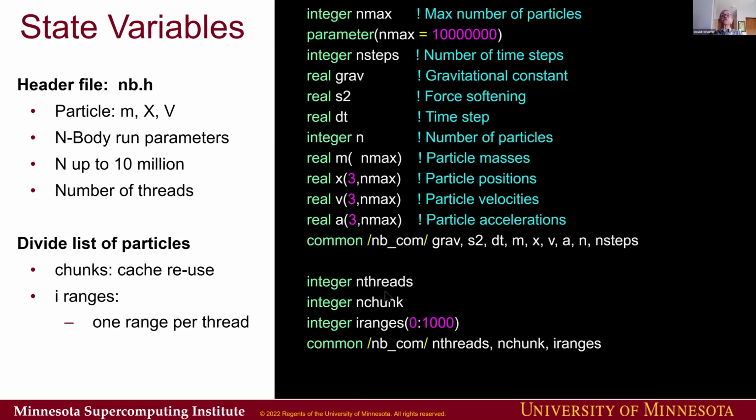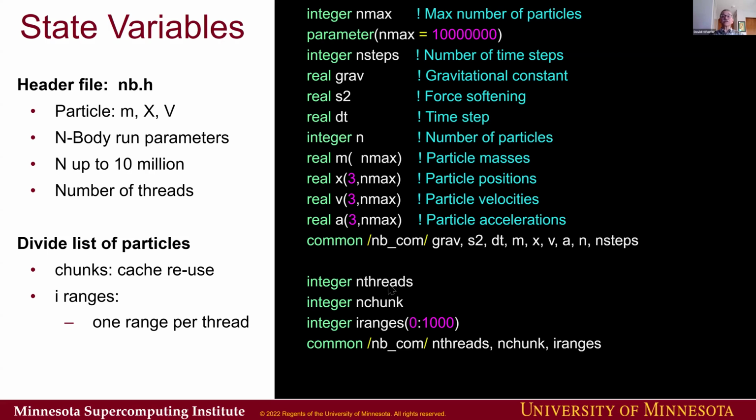This Fortran code uses this common block to keep track of the variables, for example, the state variables for the position, the velocity, and the acceleration, as well as the control variables like the size of the time step, the number of particles, and the gravitational constant. And then I have some of these auxiliary variables which will control the parallelism, for example, which range of particles each thread will do.